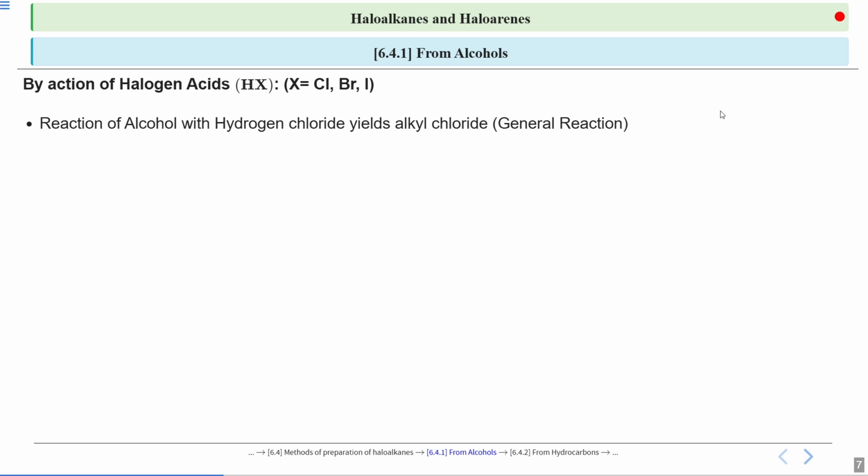So we take an alcohol, it reacts with hydrogen chloride, which is a halogen acid, and this process yields an alkyl chloride. The OH, that is the hydroxyl group from the alcohol, is replaced by this chlorine, yielding the alkyl chloride.